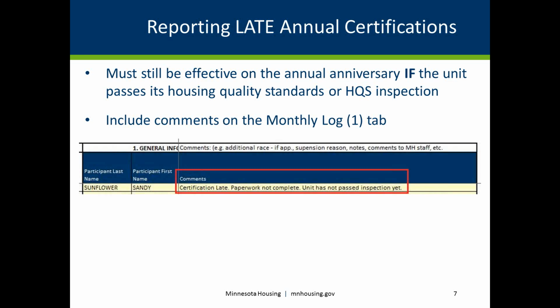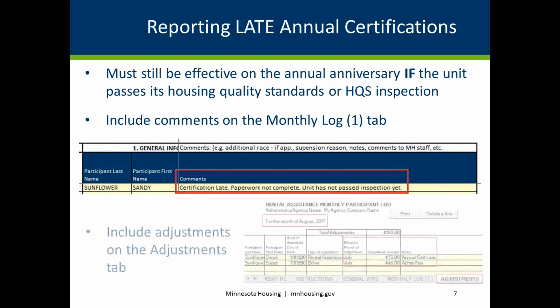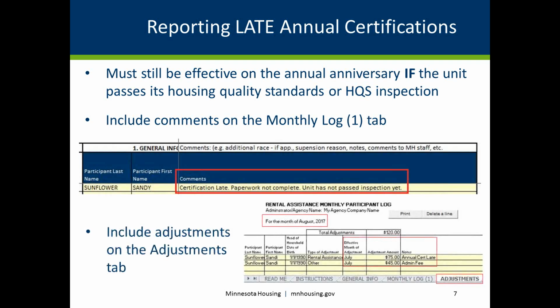Depending on when the unit passes inspection, the amount of subsidy or reimbursement may be prorated and reported on the Adjustments tab, as indicated on the slide. Don't forget to include your administrative fee on the Adjustments tab, if applicable. And keep in mind that late, retroactive recertifications may need approval by the program manager.